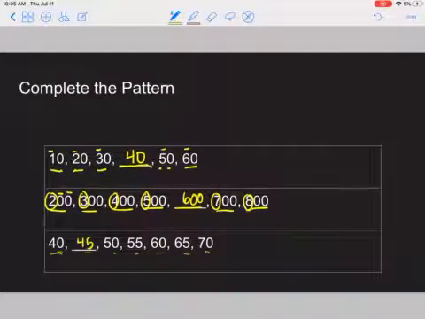And then 4, 4, 5, 5, 6, 6. We can tell that we have two 5s and a 10. So we're going to have two places where we have the same digit in the tens place in a skip counting by 5 pattern. So we can figure that out. We're going to get a lot of practice with this. I just wanted to give a little introduction to skip counting and completing patterns.